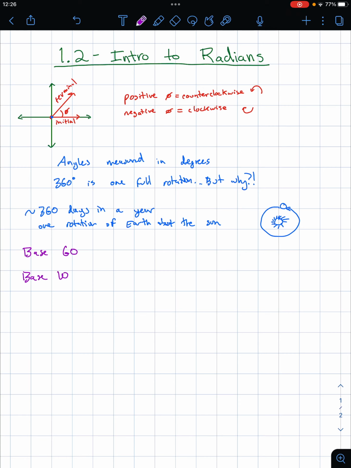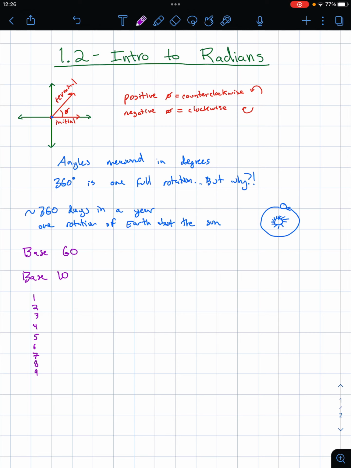And what does that mean? It means we basically have 10 or 9 symbols. So we have 1, 2, 3, 4, 5, 6, 7, 8, 9 to represent quantities. And then when we fill up those symbols, when we get to 9, we don't have a new symbol for 10.